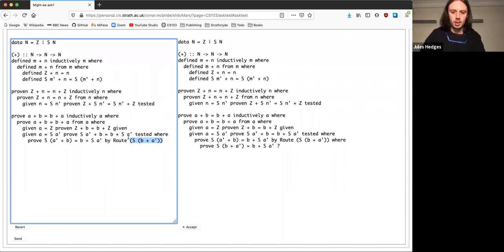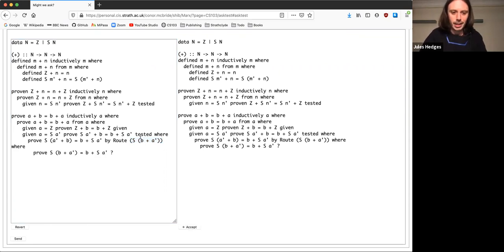Okay, now here's the thing. Even after a new piece of syntax and a creative leap, this proof still is not done with us. This is a very difficult proof. So we have two different subgoals now. One is invisible and one is visible. And they each contain a different subtlety.